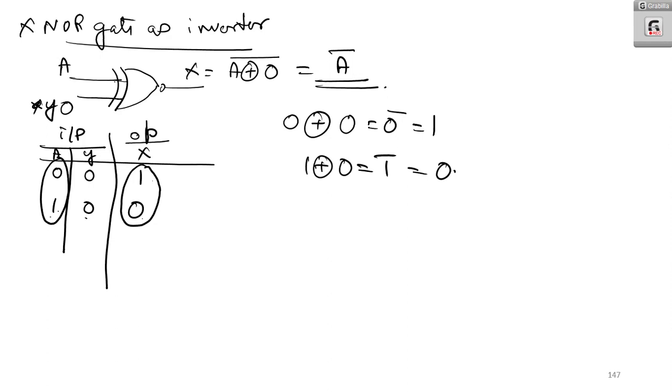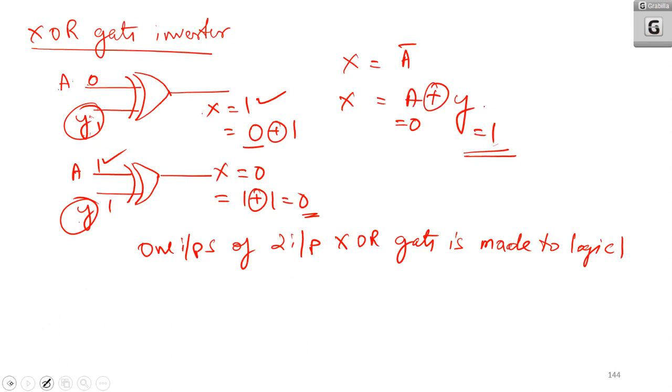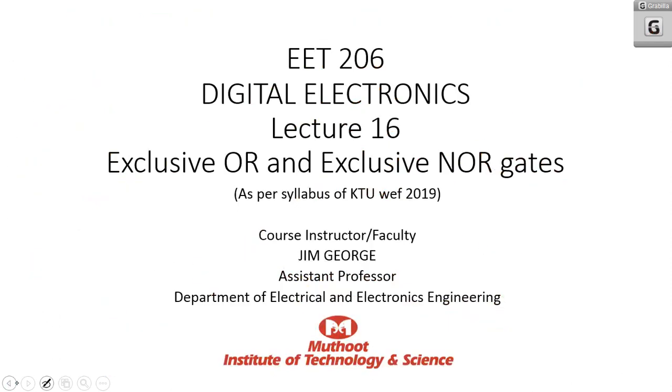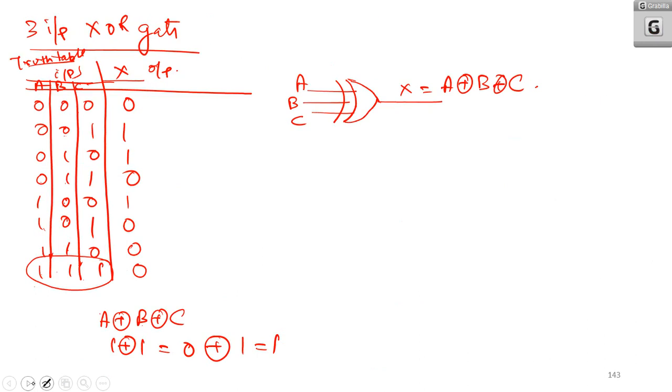So that is all about an introduction to the XNOR gate. In this lecture, I have dealt with what is the exclusive OR gate, or inequality detector, or anti-coincidence detector. We have done the XOR laws, and we have realized an XOR circuit, the XOR gate. Then the 3-input XOR gate was also explained.